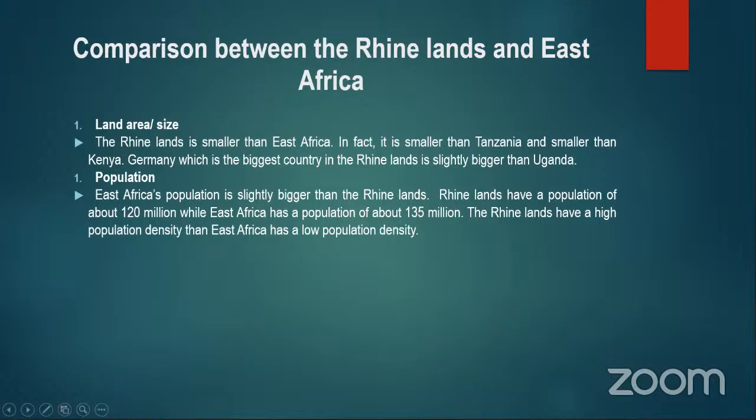The Rhinelands have a higher population density than East Africa, and East Africa has a low population density.